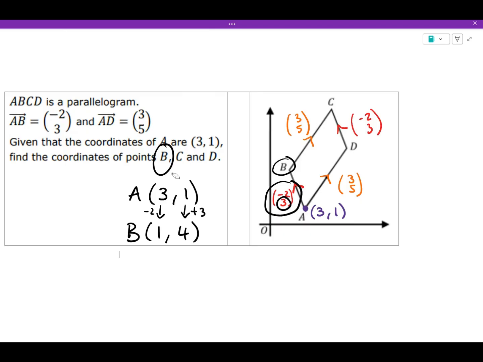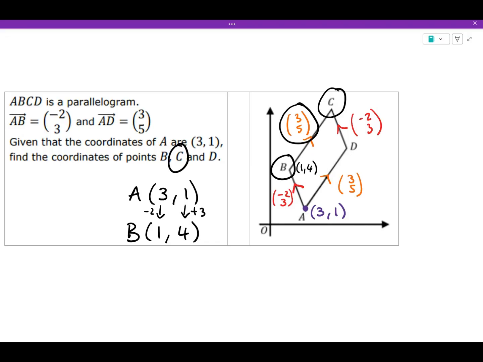So now let's move on to the coordinates of C. We've now got the coordinates of the point B, which I'll just circle here again. We need to end up at the coordinates of the point C. If I know the coordinates of B, which are 1, 4, and I knew the vector from B to C, I could then add that on to get the coordinates of C. Well, we know that vector, it is 3, 5.